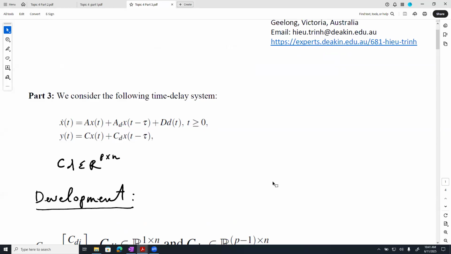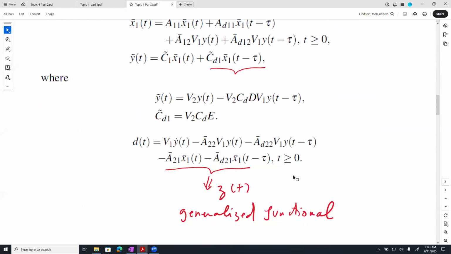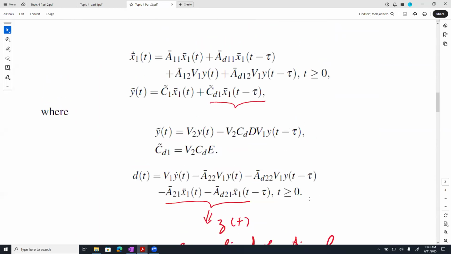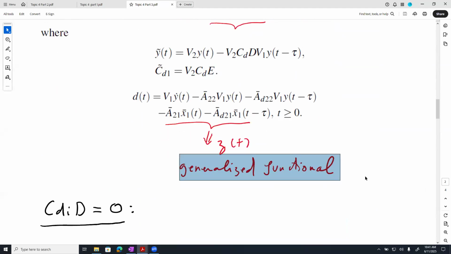And again, we will show that when we do all of that, we arrive at generalized functional. So I'd like to demonstrate this important thing later on in the next topic.